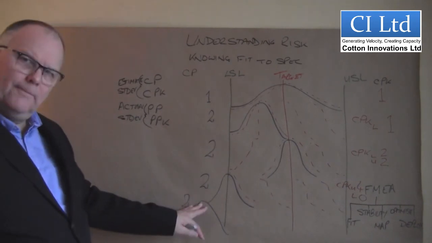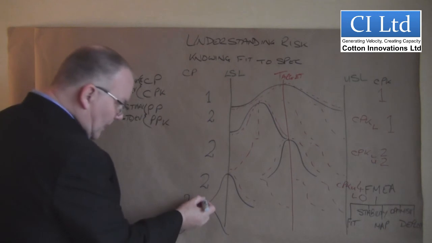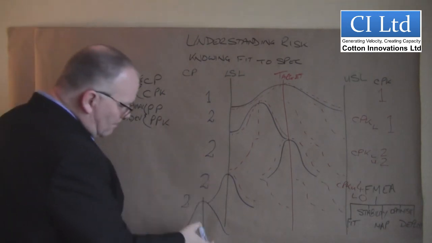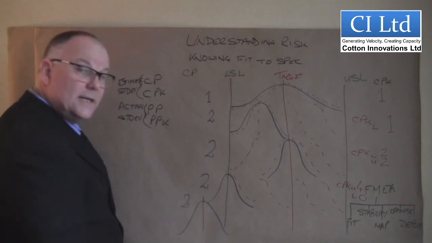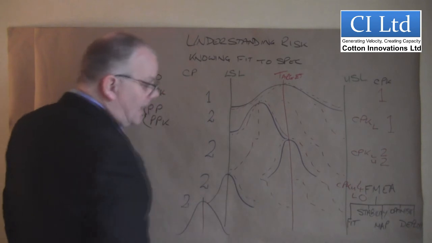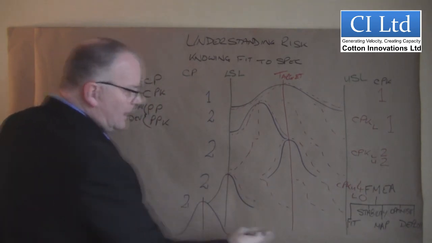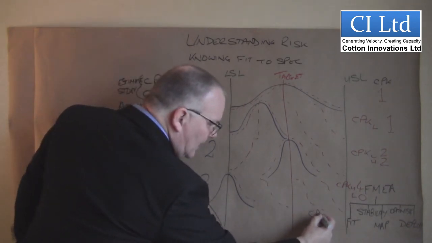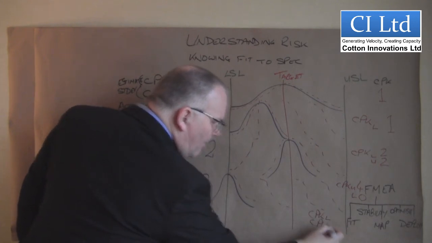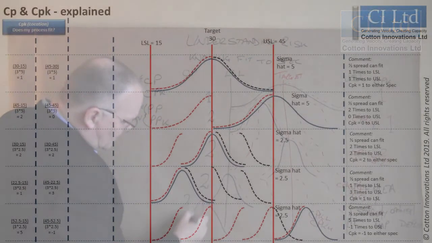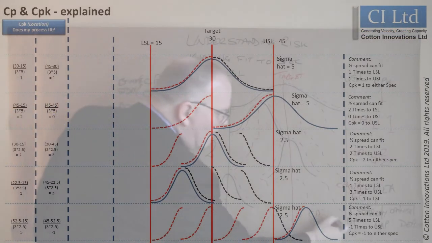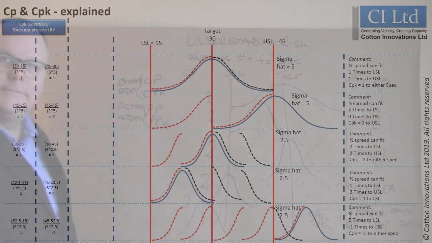Well, what about this one? This is a really interesting one. Again, I'm going to take my mean at this point here and I'm going to calculate the mean of my data against this limit, and I'm going to calculate the mean of my data for this side against that limit. And what I'm going to get here for the CPK lower and the CPK upper is this side fits with a score of -1. Okay?